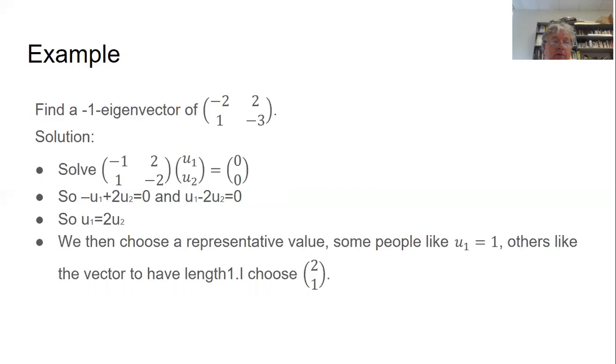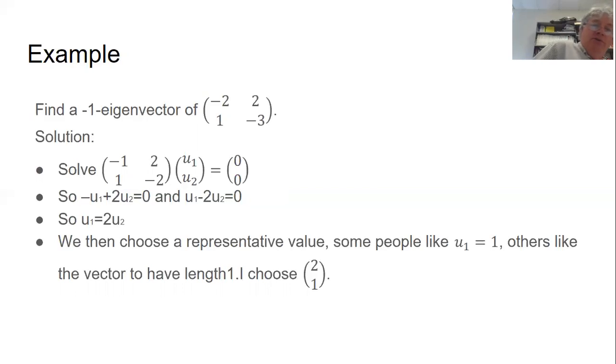So we do that matrix multiplication, we get minus u1 plus 2u2 equals 0. And the other equation is, of course, just a multiple of the first one. So minus u1 plus 2u2 equals 0, so u1 equals 2u2.